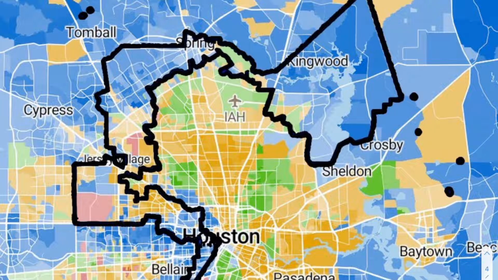I think if you ask Dan Crenshaw, why are you in a district that is snaking around just to pick up all the white people? I think he would say, I don't know, maybe he would say, well, I'm just trying to win the elections, right? I don't know if he would say anything, but I think from one point of view, you can just say, yeah, I made that snaky, weird thing just so that the Republicans would win.